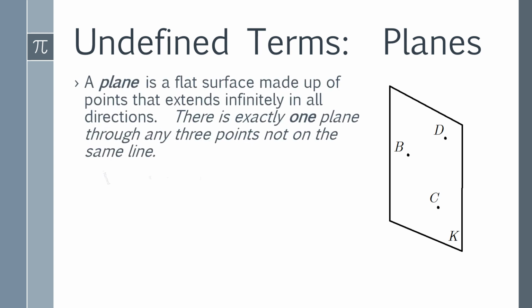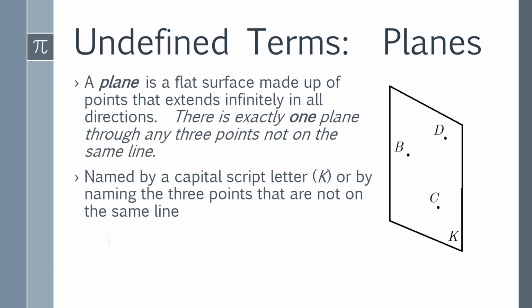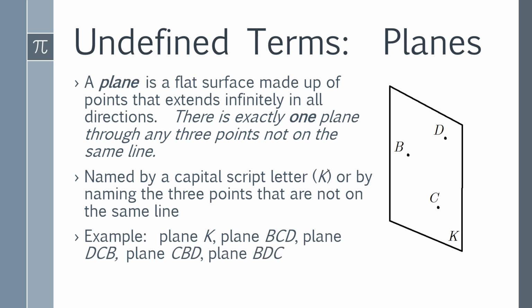Okay, a plane is a flat surface made up of all the points that extend in depth infinitely in all directions. So there is exactly one plane through any 3 points not on the same line. If you notice here, if I connect these 3 dots, I have what's known as a triangle.